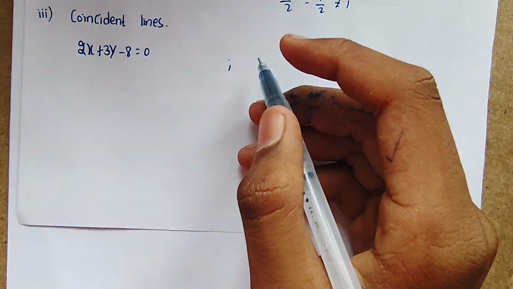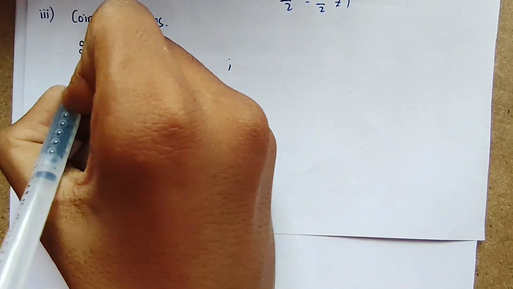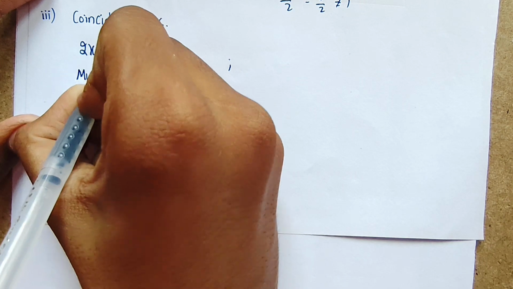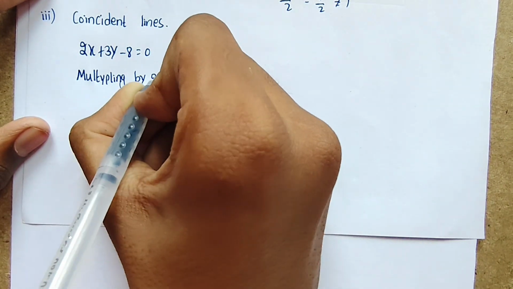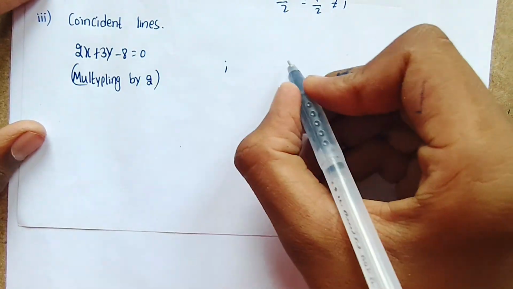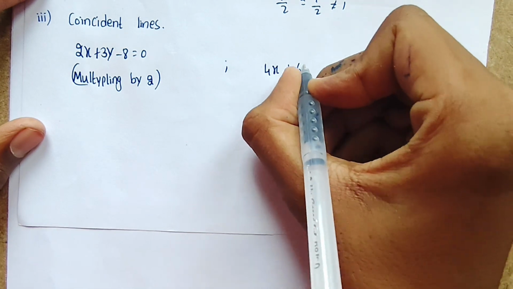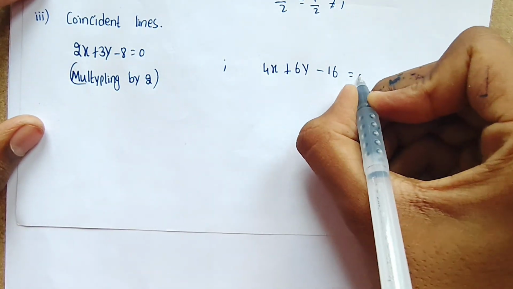So, I am multiplying this whole number by 2. I am multiplying this by 2. So, 2 2s are 4x plus 2 3s are 6y minus 2 8s are 16 equals to 0.